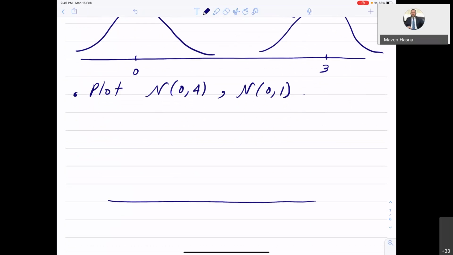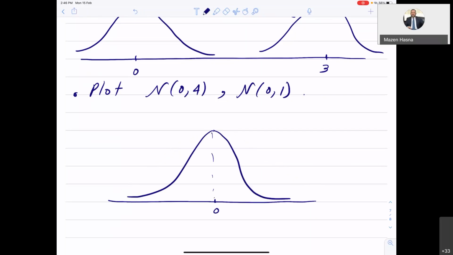So let's see, the center of both is what? 0. The mean of both is 0, right? So let me draw one, and then you will tell me how the other one looks.